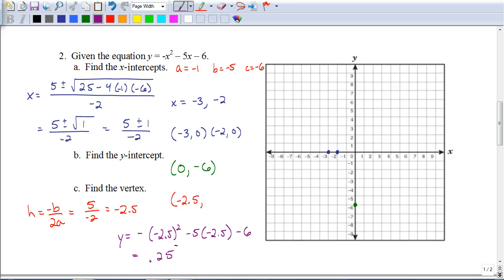This one's kind of a tricky one, the fact that a is -1. So that means my vertex is at -2.5 and a positive 0.25. So that tells me here's my axis of symmetry. I could take my y-intercept now and reflect it over that line and draw my parabola.